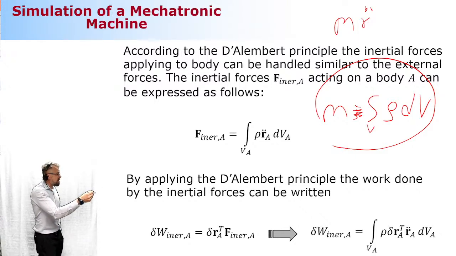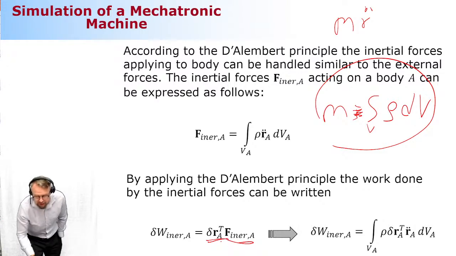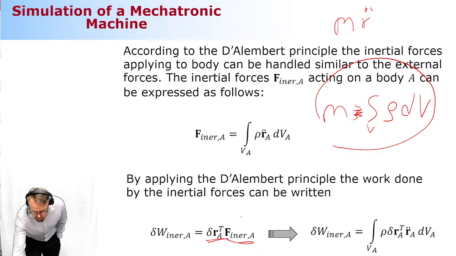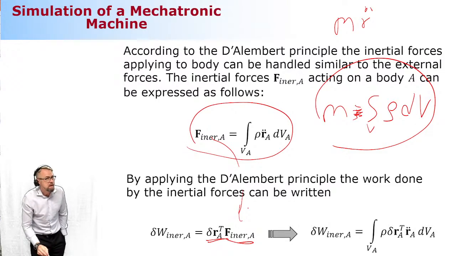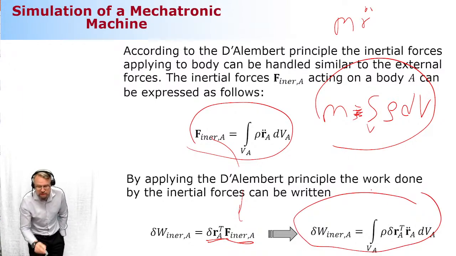That would be the inertial force multiplied by the virtual displacement, not the real one, but the virtual displacement. This is going to be my mass multiplied by acceleration, which I can substitute as here. When I do so, this is how it looks. This is still a virtual displacement.